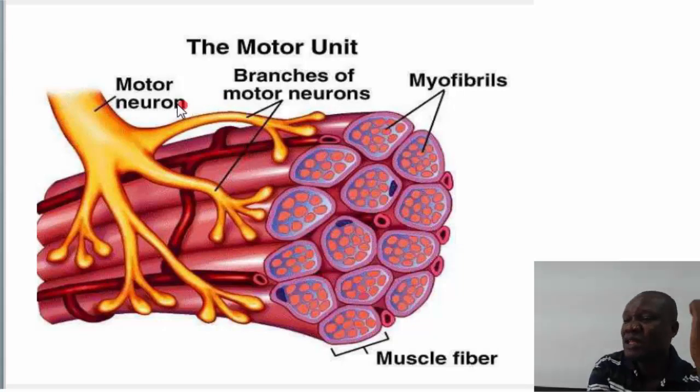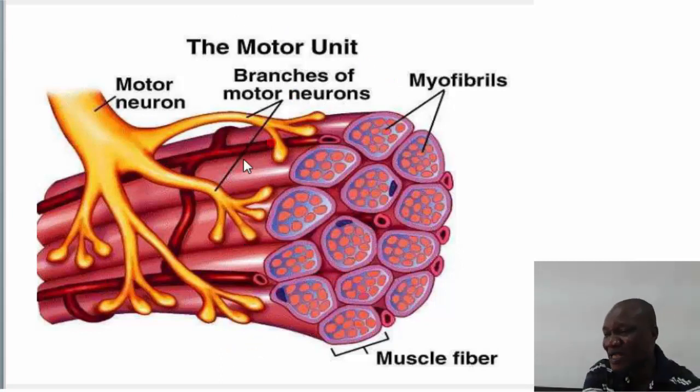We saw that the terminal end of the neuron will divide into terminal branches or telodendria. Each of these will innervate different muscle fibers, right? So the motor neuron, together with the muscle fibers it innervates, constitutes what we call the motor unit.